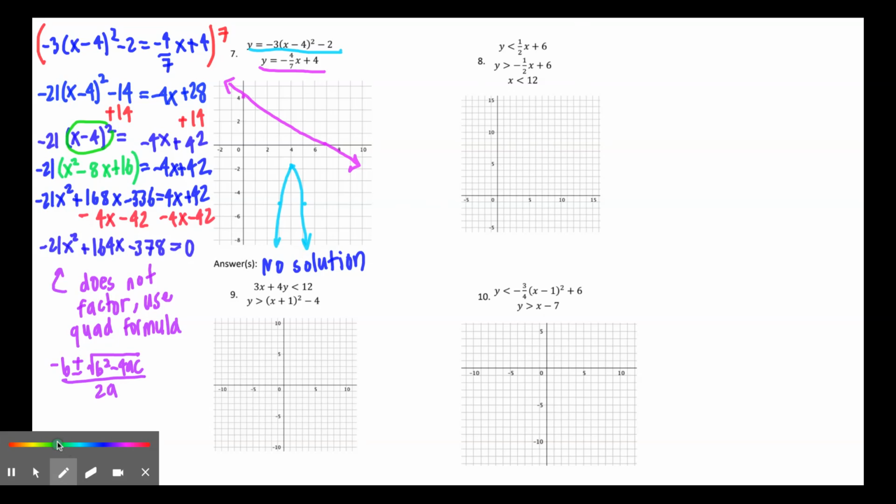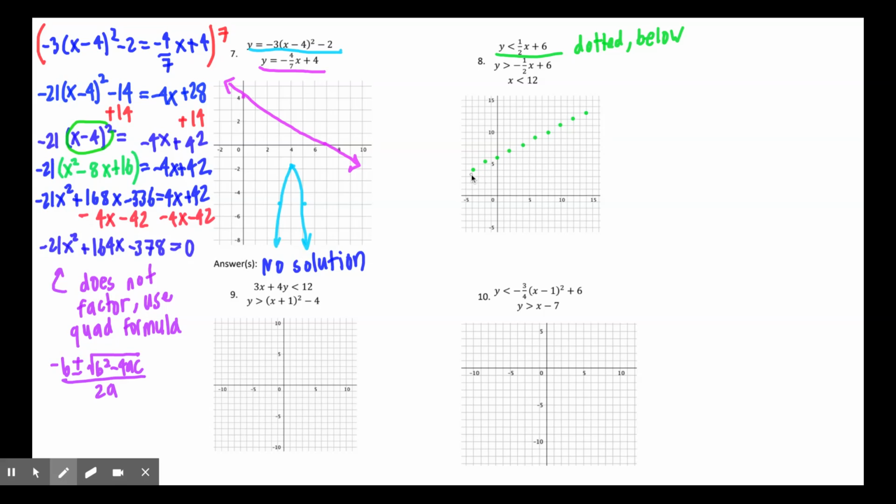Okay, now let's do these ones. So this one, nicely, they're all aligned. So that one has a y-intercept of 6 and a slope of 1/2. Okay, and then because it's less than, it's dotted in below.